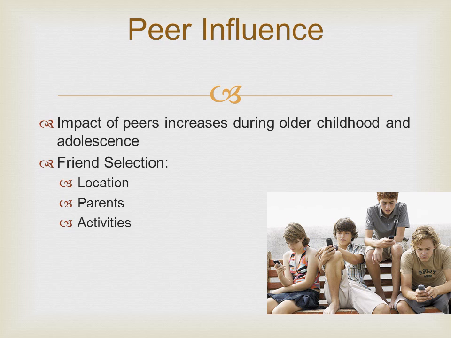They talk about how you develop your friendships. A big reason why you develop your friendships is because of the location, who's close to you, and your environment. Parents also have a big hand in your early childhood experiences of who you can and cannot hang out with. They may set up your play dates. And then you also kind of develop friends and relationships around people who share similar activities.